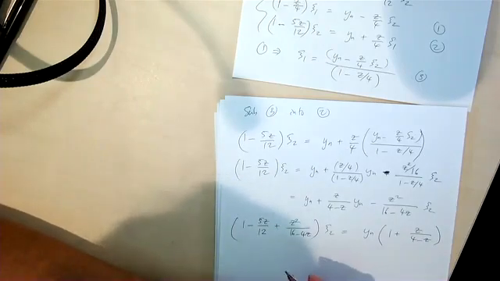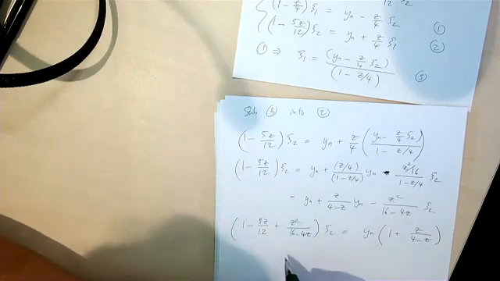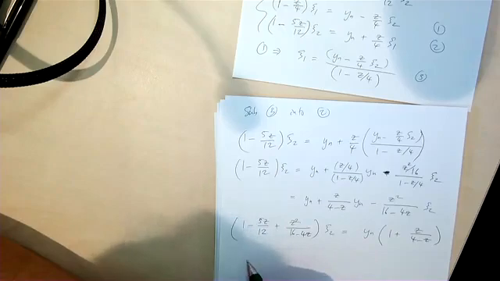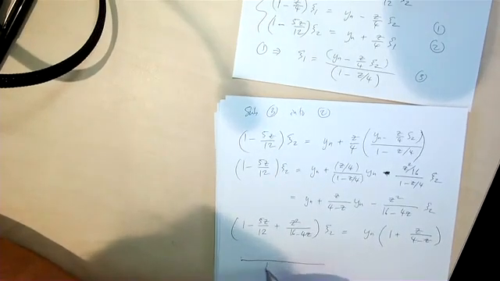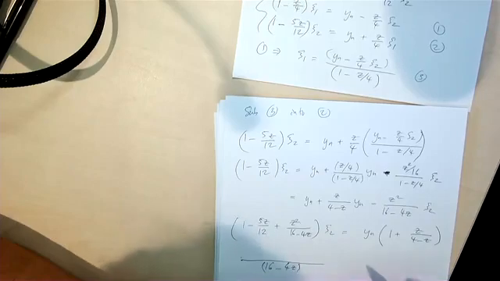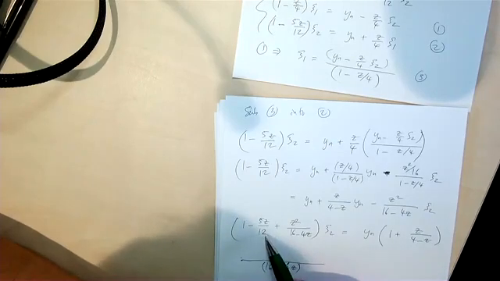So maybe we have to take the common denominators for 16 minus 4z, and multiply by 12.